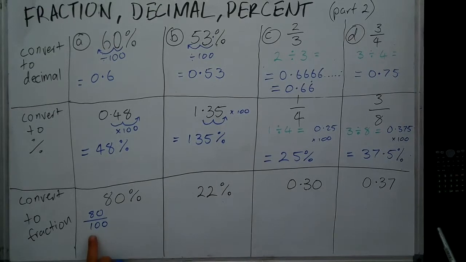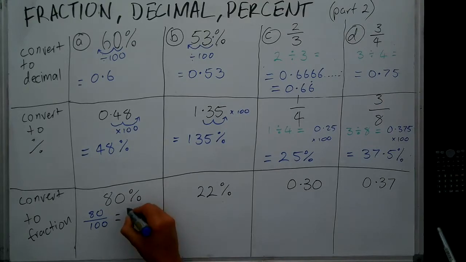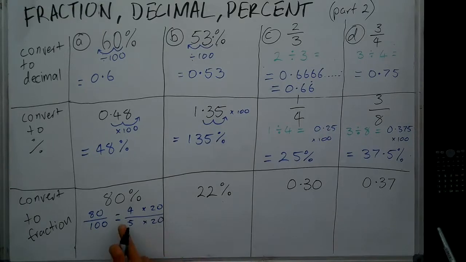But there are definitely common factors between 80 and 100. So I think the quickest way to get there is to break this into something times 20 and this into something times 20. How many 20s do we need for 80? We need 4 times 20 over 5 times 20.